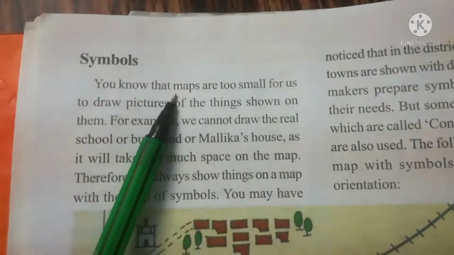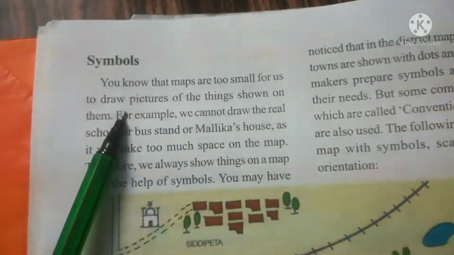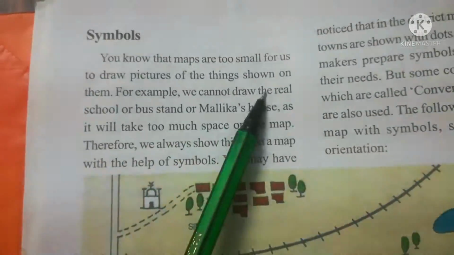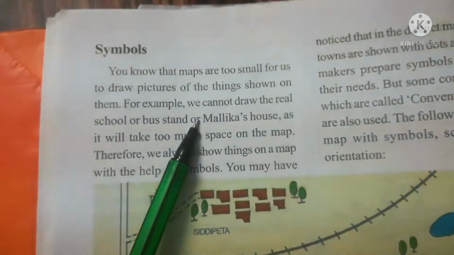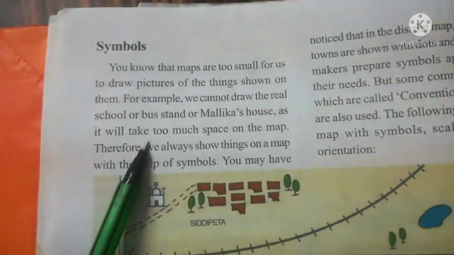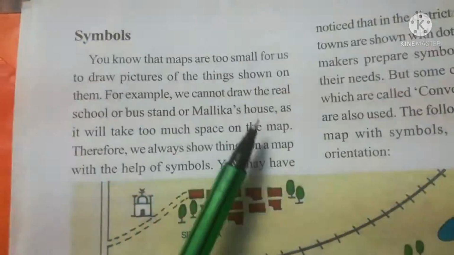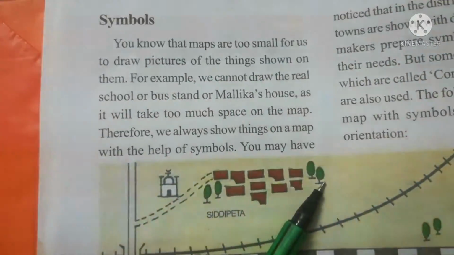You know that maps are too small for us to draw pictures of the things shown on them. For example, we cannot draw the real school or bus stand or Malika's house, as it will take too much space on the map. So students, we already know that a map is very small.